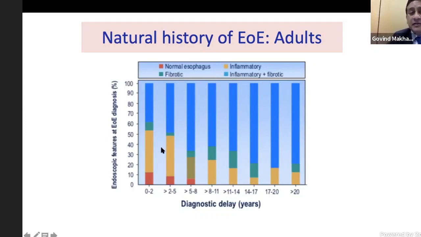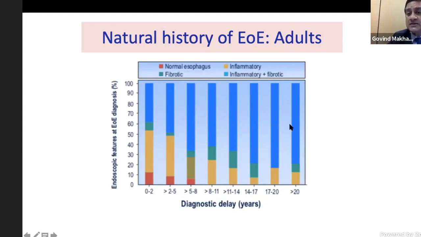In the early part of life, most of them are either inflammatory or inflammatory-fibrotic. But as the disease progresses, or if there is a delay in diagnosis, the majority of these patients who are inflammatory become fibrotic in nature.